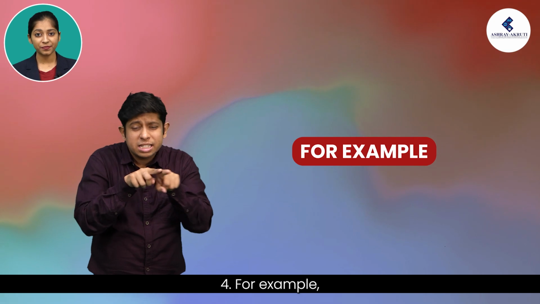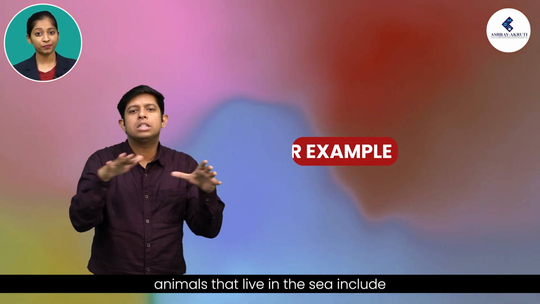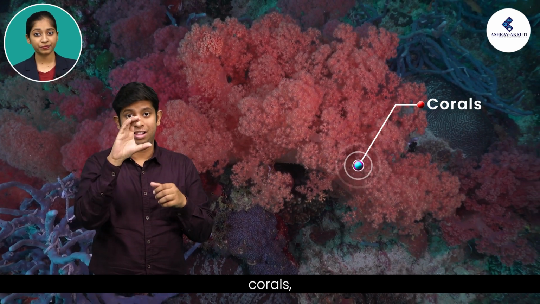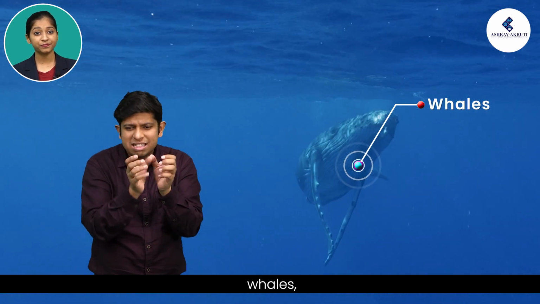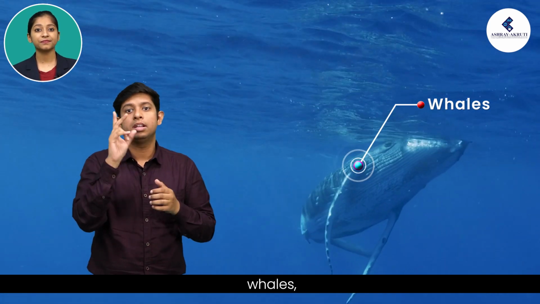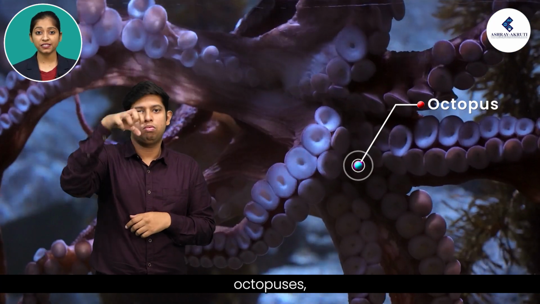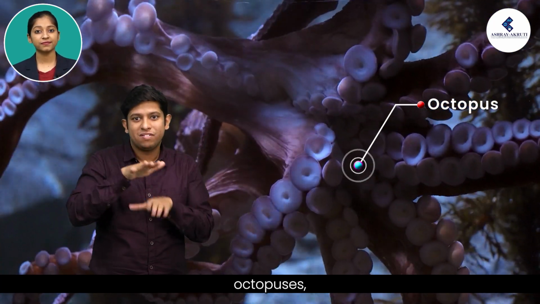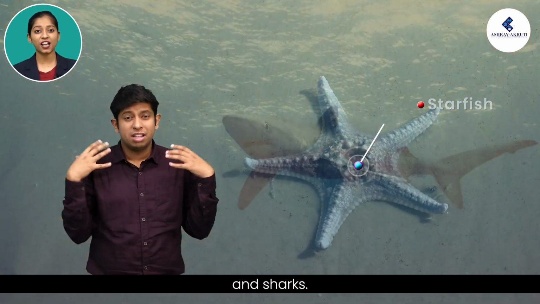For example, animals that live in the sea include corals, whales, octopuses, starfish, and sharks.